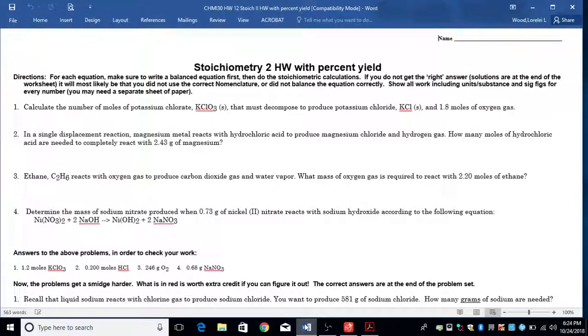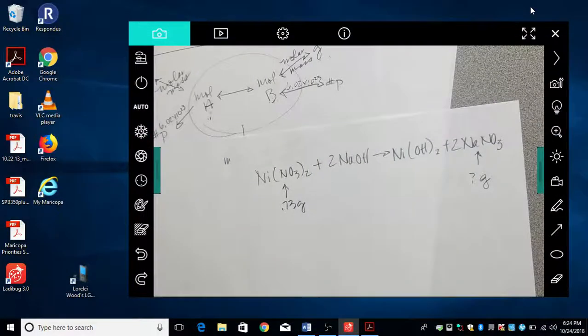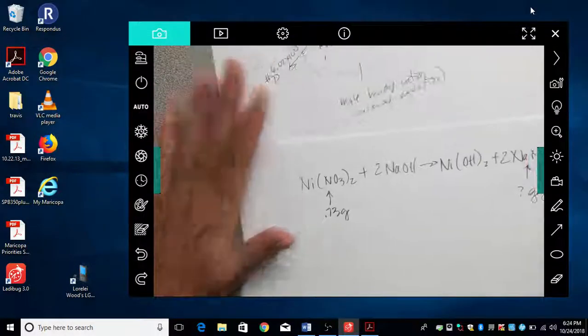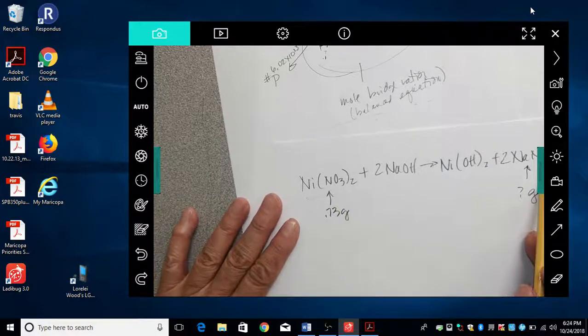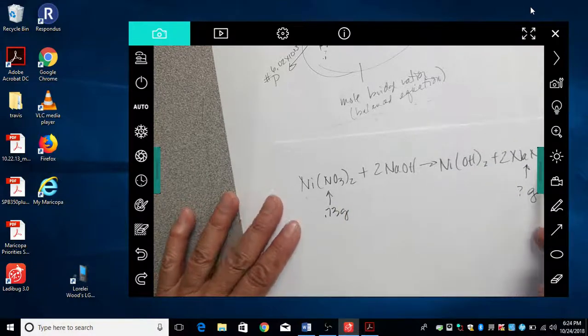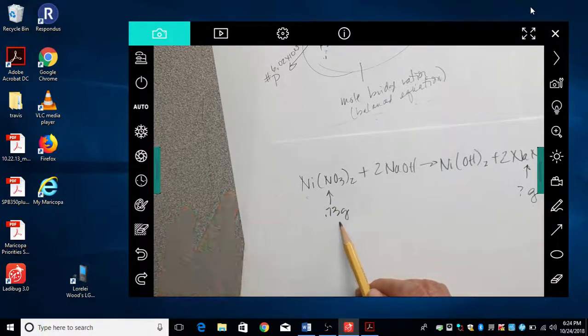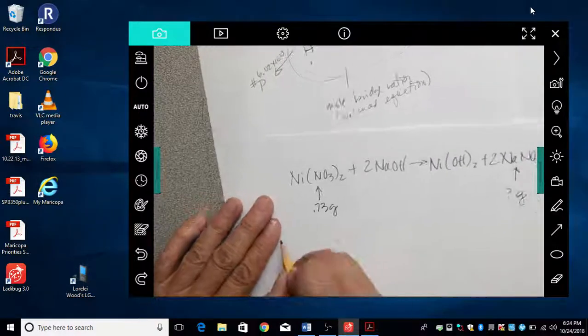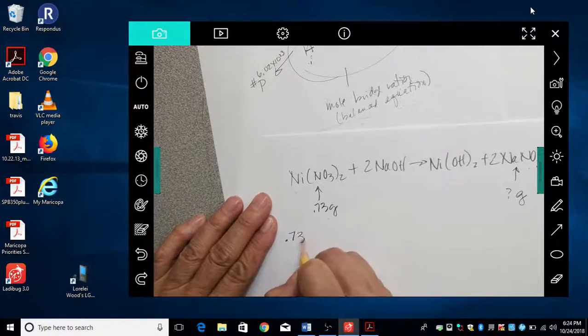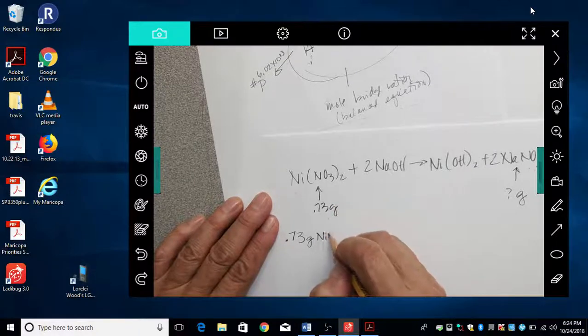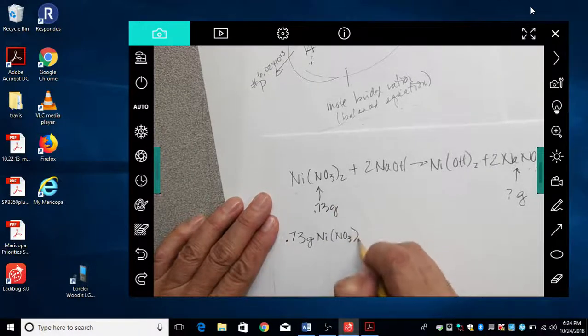All right, let's look at the picture I drew based on that particular problem. Here's the equation that was given to you in the problem. They want to know how many grams of this stuff can be made if we start with 0.73 grams of the nickel nitrate. So once again, 0.73 grams of the nickel nitrate we're going to start with.